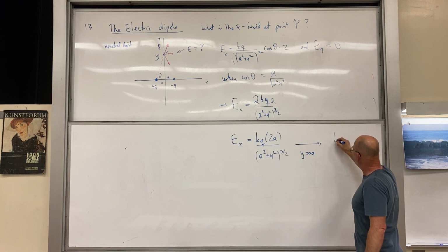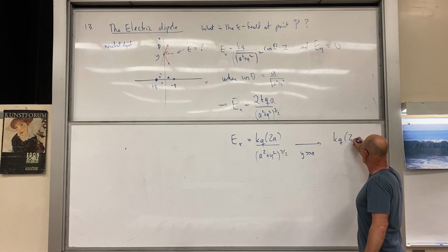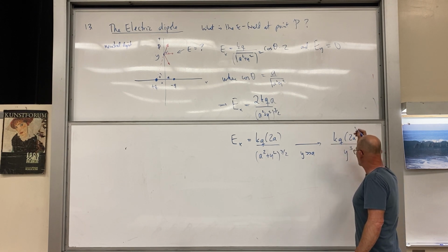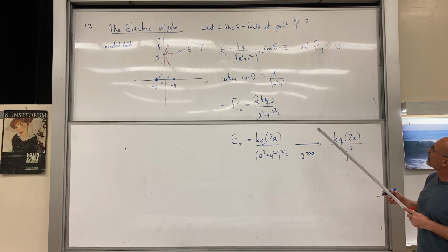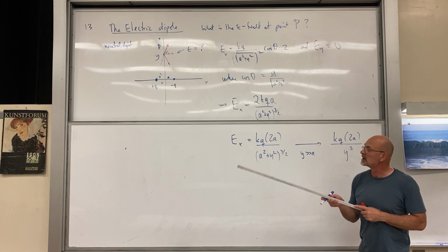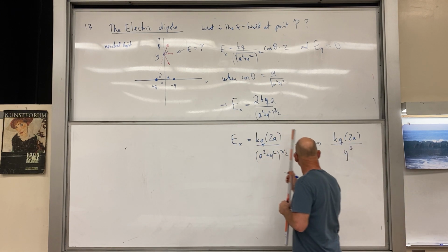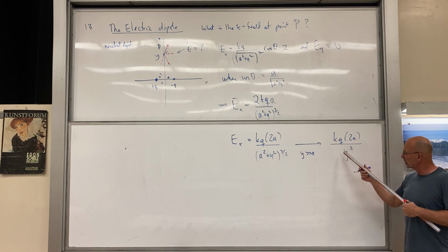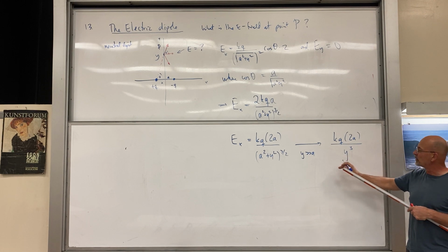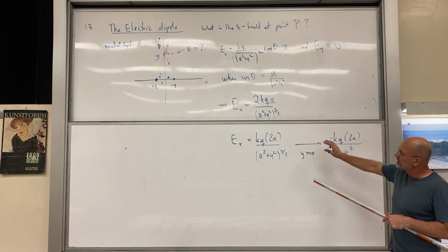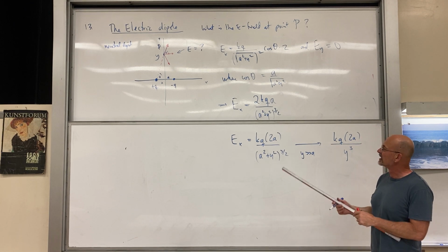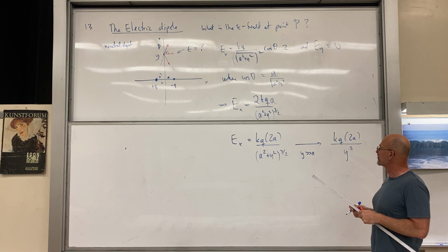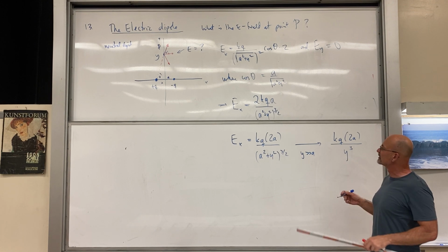So this goes to kq separation divided by y cubed. So what did we start with? We started with a 1 over r squared law, but in combination we have a 1 over y cubed law, which means the dipole field gets very weak. It gets weak much faster than the Coulomb field itself. But it's nevertheless an important effect.